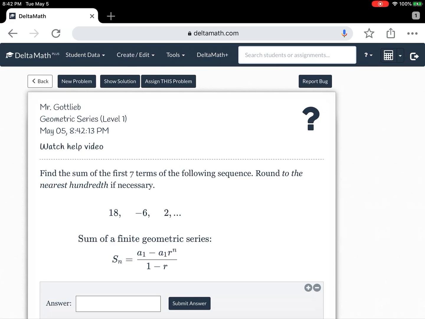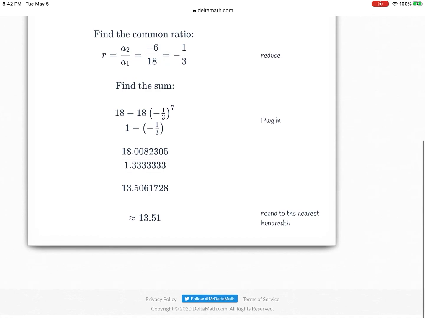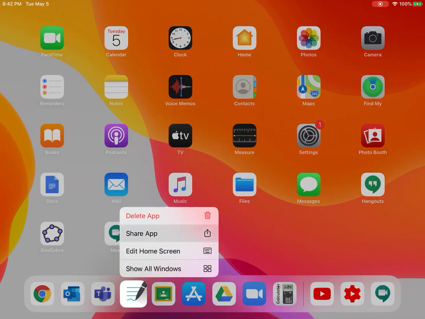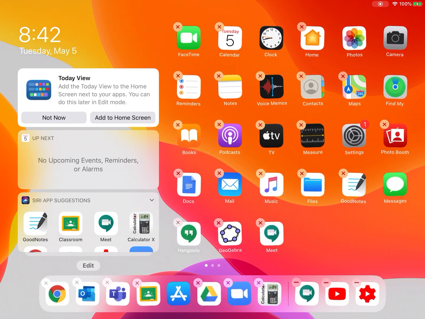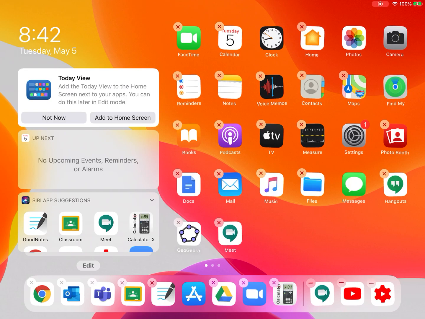All you're going to do is, it actually just gives you a formula. This formula is essentially the same as the formula that I showed you before. The only difference is that on Delta Math they seem to have distributed the... Hold on, whoopsie, that shouldn't have happened. I want to keep track of my assignment here.